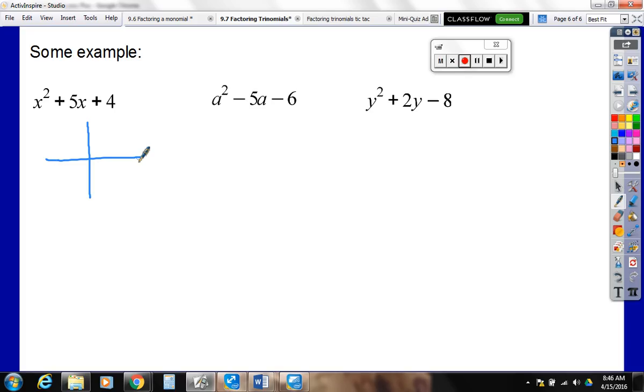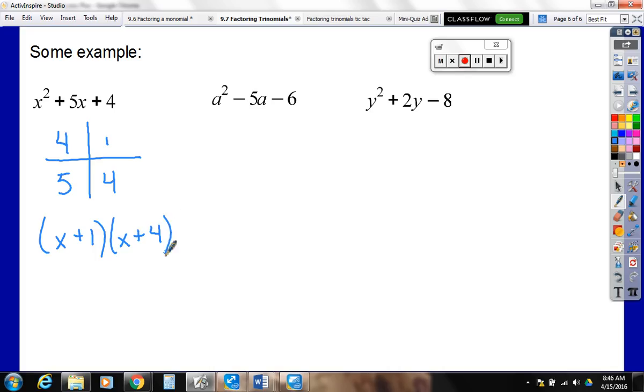So what are we going to put in the top left? 4. What are we going to put in the bottom left? 5. Now what are two numbers that multiply to give us the top, add to give us the bottom? Aiden? 1 and 4. So our answer is x plus 1 times x plus 4.